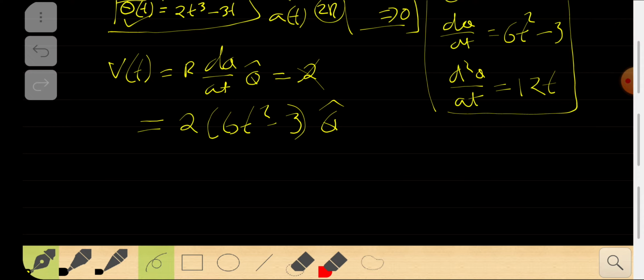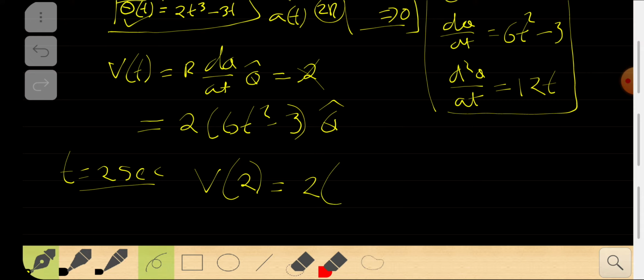It's very easy. Now I have got the velocity directly. Let's assume that time is equal to 2 seconds. At t equal to 2 seconds, what will be the velocity? V of 2 will be 2 times 6 times 2 squared, that's 4, that's 24, minus 3, that is 21. So that is 42 meters per second, right?